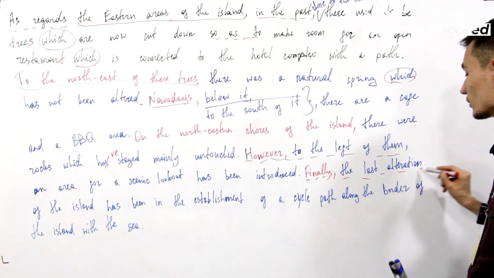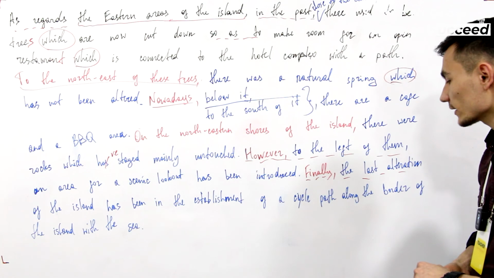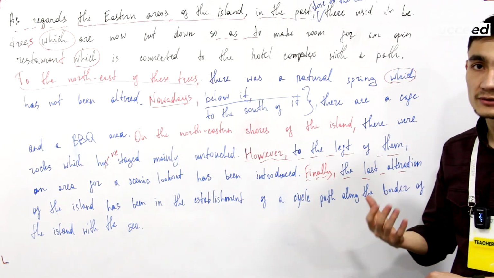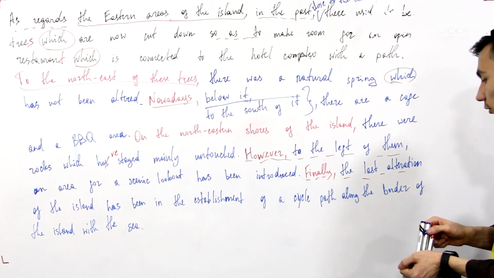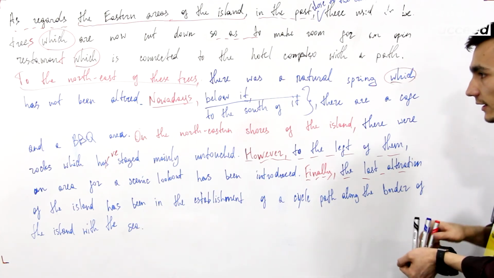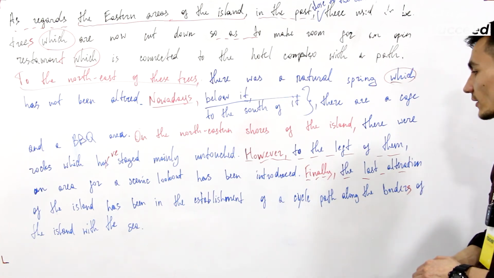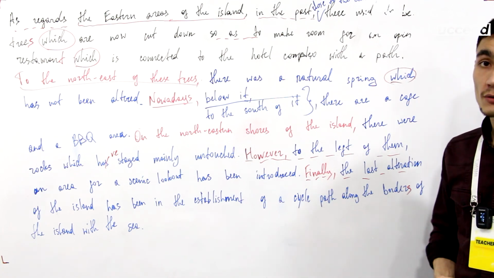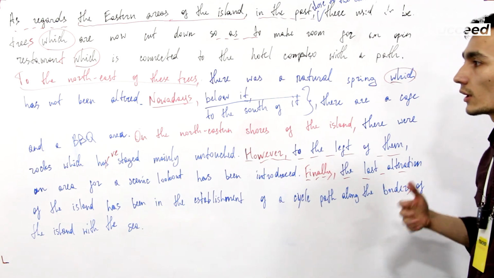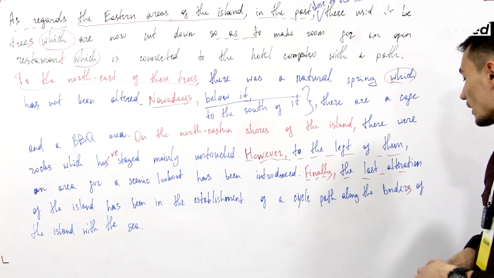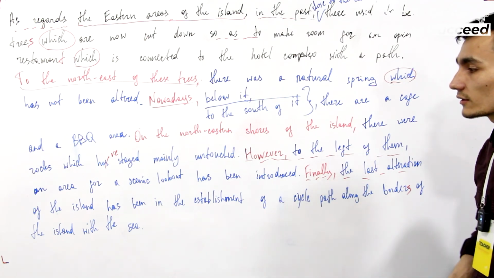So the last change on the island has been the establishment of a cycle path along the borders. I just said in the borders, but it's not in the borders, it's along the borders. Along the borders. So I made a mistake again. It's like the fifth mistake that I have made in this video. So you have to be careful too. You have to check your essays in order to make sure that you don't have mistakes that you unintentionally made. So, the borders of the island with the sea.